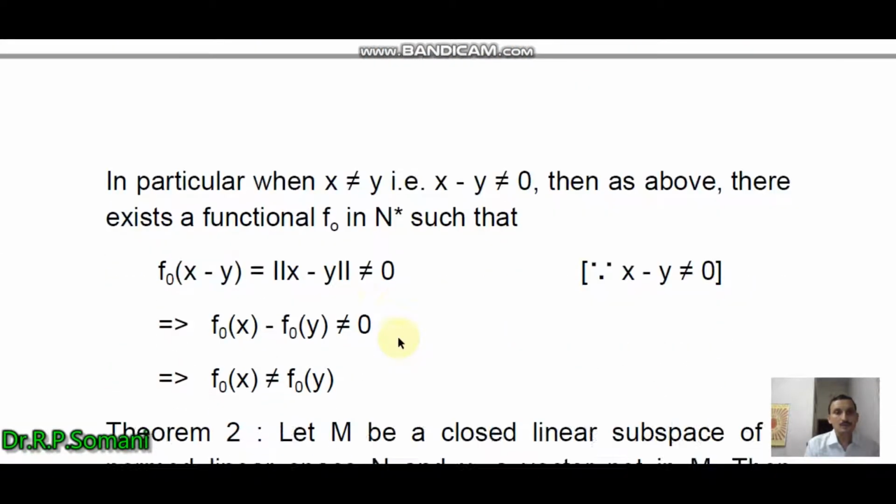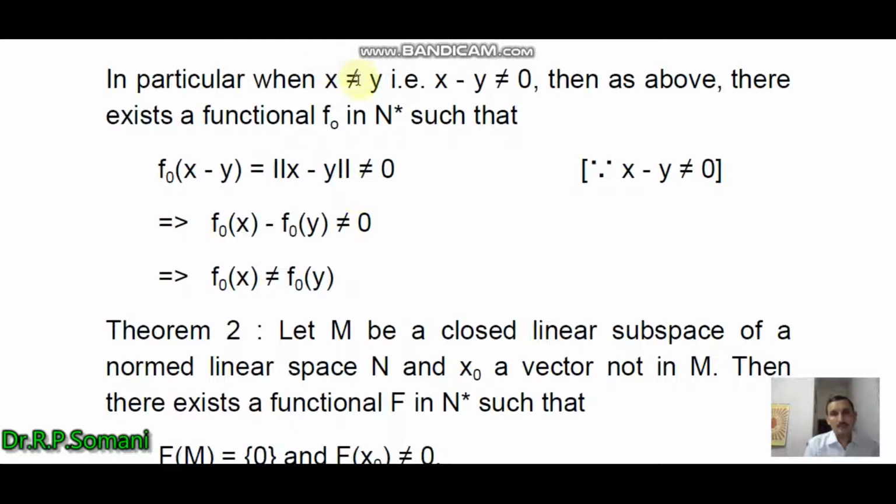Now in particular, if x is not equal to y, then x minus y is not equal to 0. Then as above there exists a functional f0 in N star such that f0(x minus y) equal to norm of x minus y, which is non-zero because x minus y is a non-zero element.